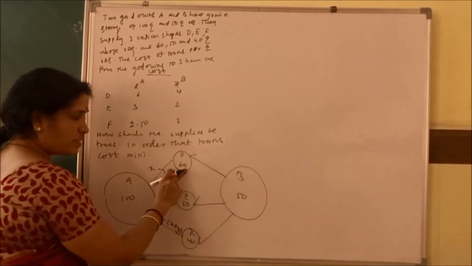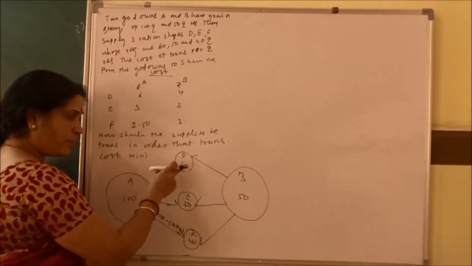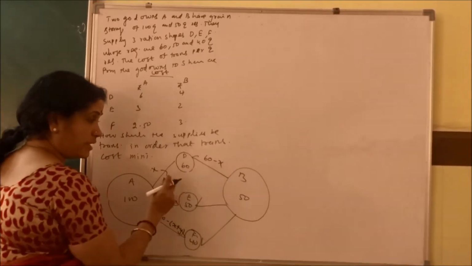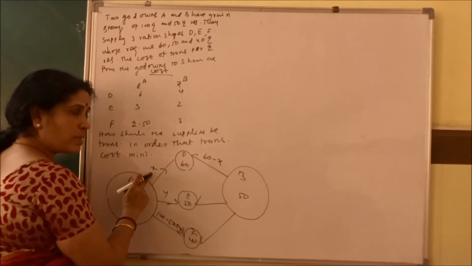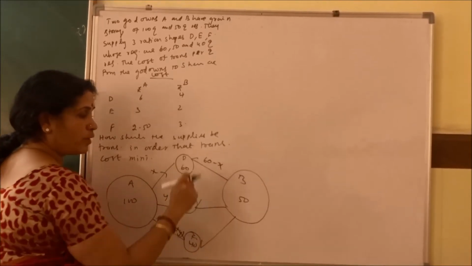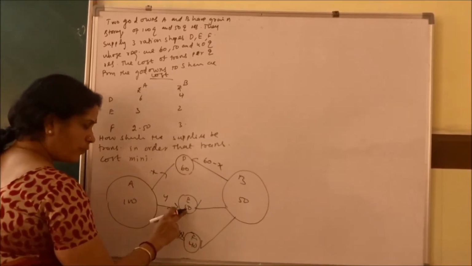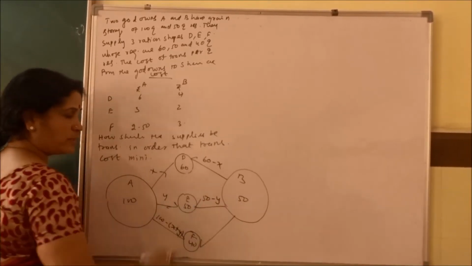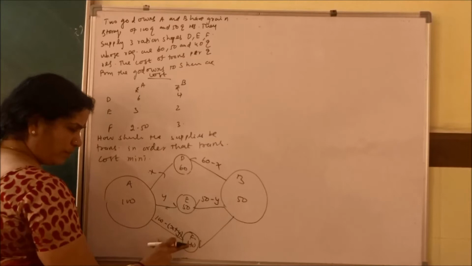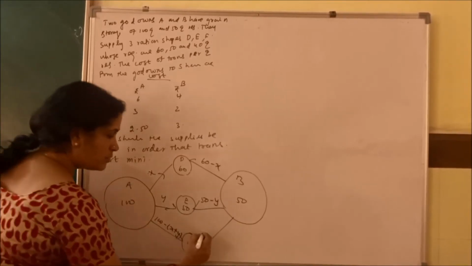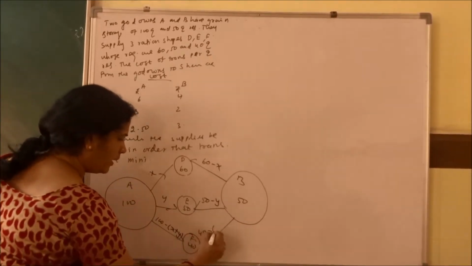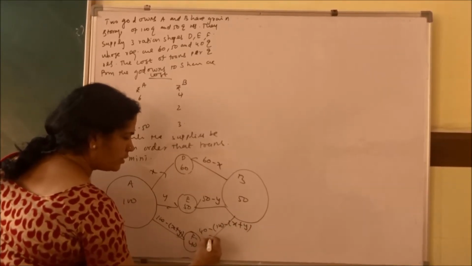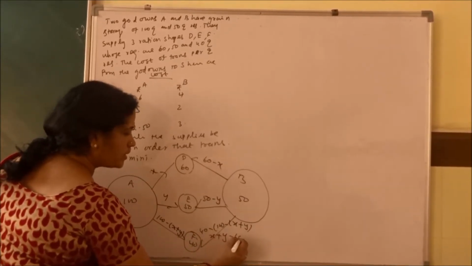Now the requirement is 60. A supplied x, and what would it be from B? That is 60 minus x. Requirement minus supply, that demand you will get from B. Now the requirement is 50, already they have supplied y, and the remaining 50 minus y they will supply. Now the requirement is 40, already supplied 100 minus (x plus y), so we are getting 40 minus (100 minus (x plus y)), which is x plus y minus 60.